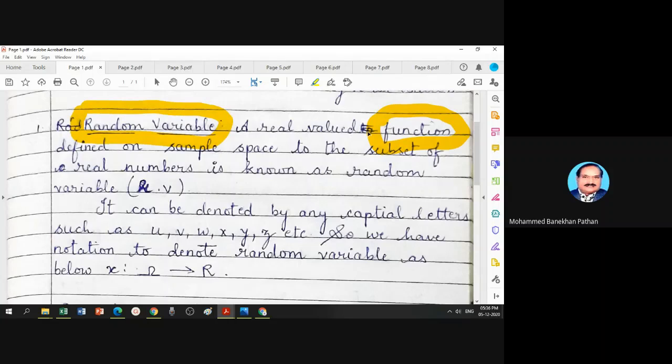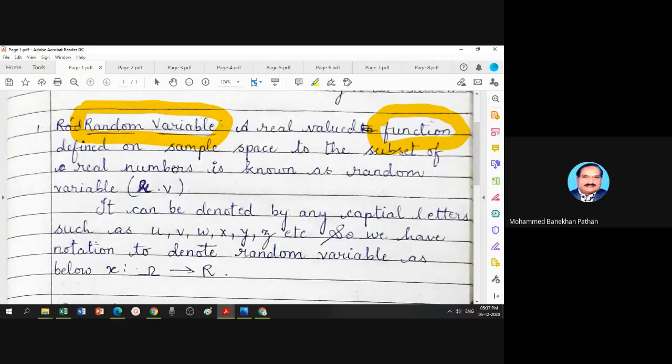So a random variable is nothing but a function, and according to mathematics, a function is a relation. So I define a random variable as a relation between sample space and a subset of real numbers.